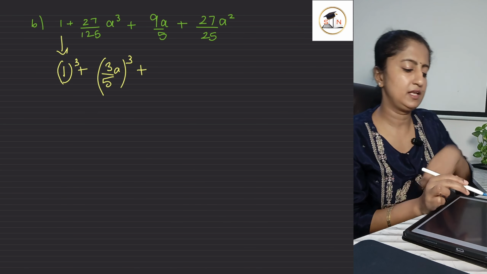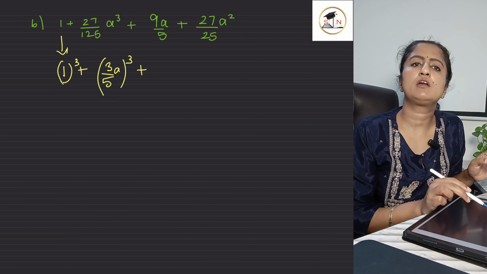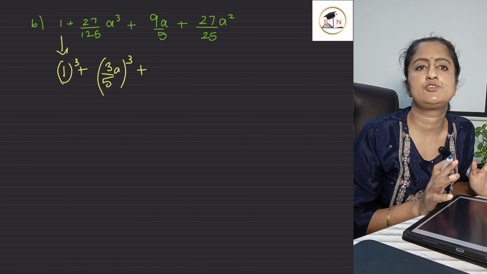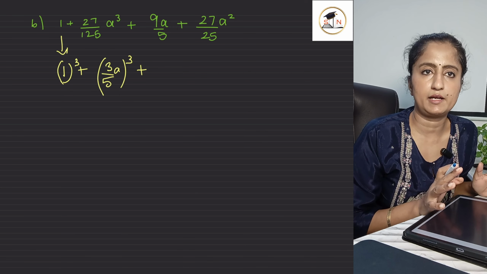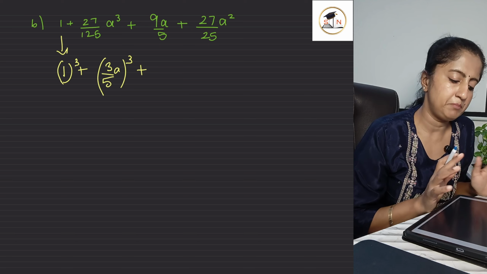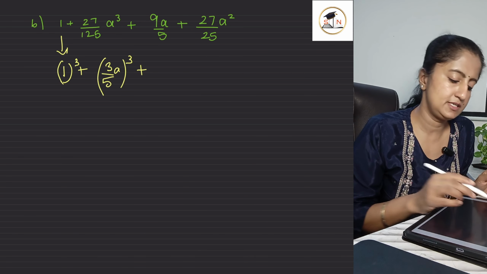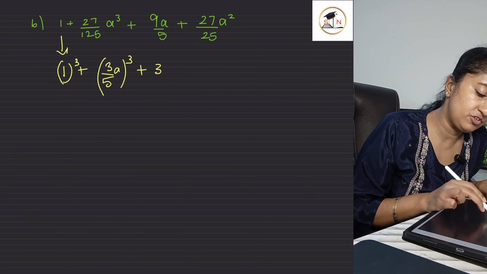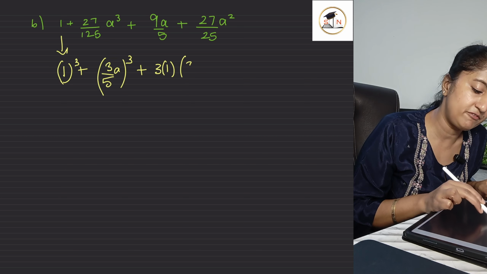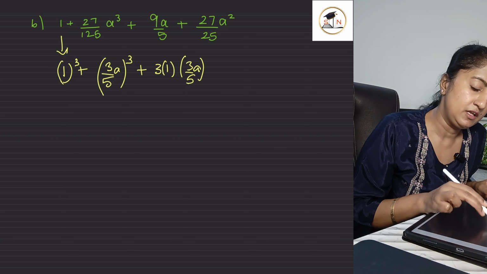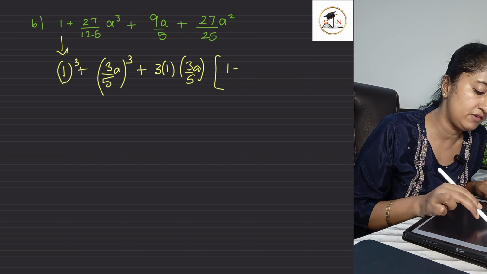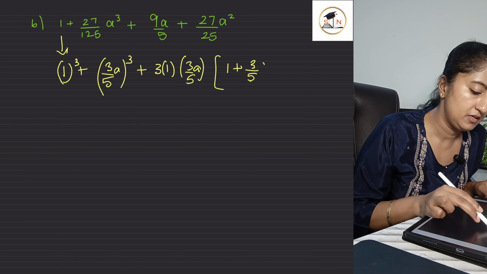Now what does this mean? It means we have got our two terms which we can actually encapsulate in the bracket. We can put it in the bracket, but we need to write the proper steps. So moving with that, 3 times 1 times 3 by 5a. Now in bracket I should be having 1 plus 3 by 5a.